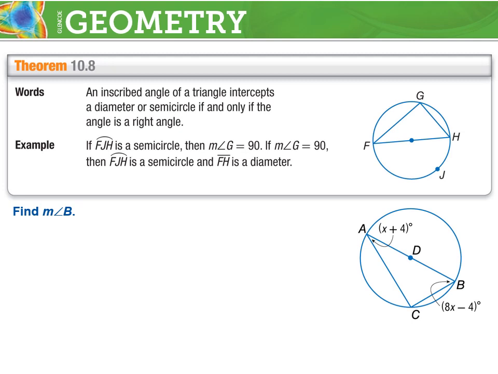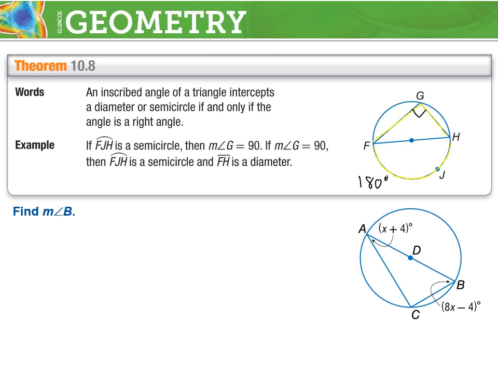The next theorem is also an inscribed angle, but check out this inscribed angle. It intercepts this arc that's a semicircle. This is 180 degrees because it's a semicircle, so the angle has to be half of it, that's 90 degrees.